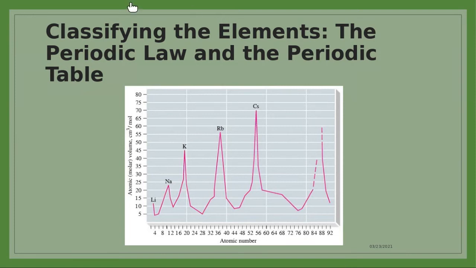Okay. Yes. Classifying the elements and the periodic law and the periodic table. This graph explains the atomic volume, like the atomic radius, we can say, and this is the atomic number.